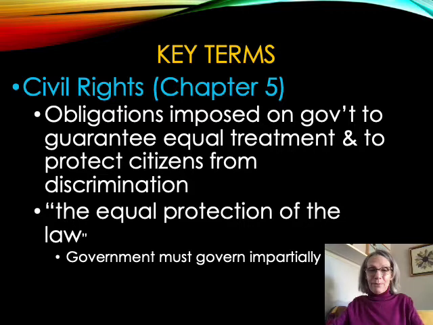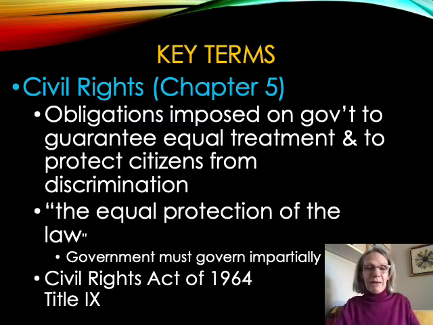We're telling government that it cannot engage in discrimination, but we also place a mandate on government to make sure that discrimination is not taking place in the country. In Chapter 5, you're going to be learning about the Civil Rights Act of 1964 and also Title IX and other forms of civil rights laws.